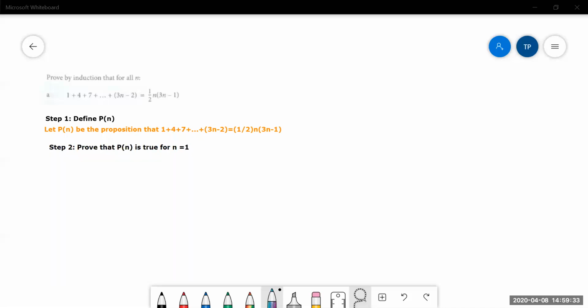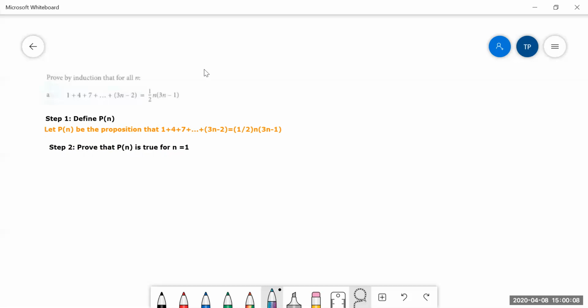Hold on, let me check, because the question said for all n, right? Afterwards we are still going to k, then k plus 1. This question didn't really define properly the values of n, and the values of n are very important in this case.